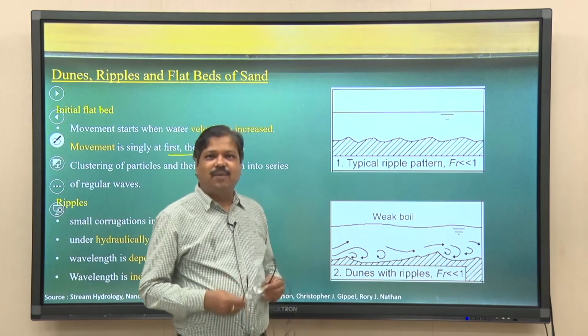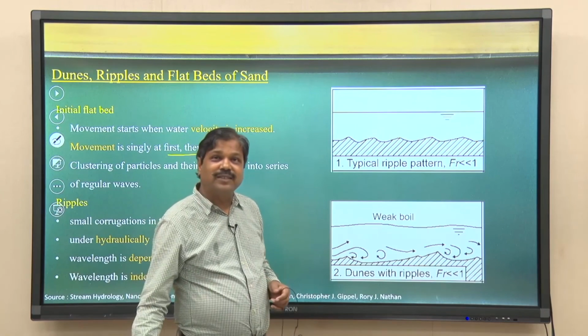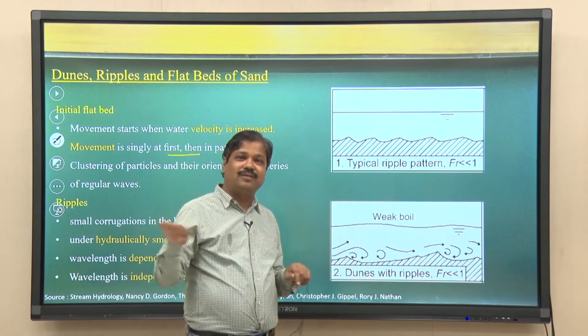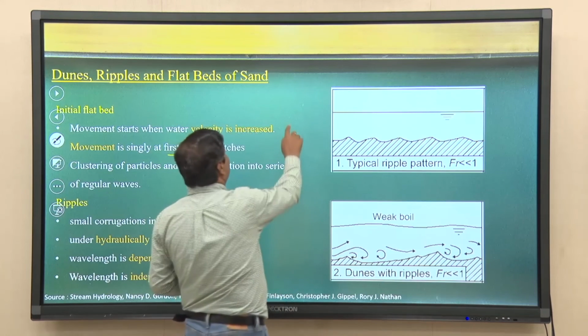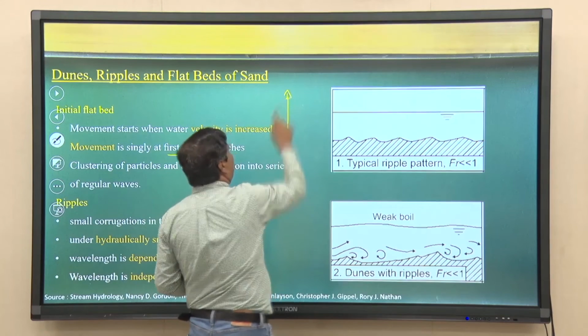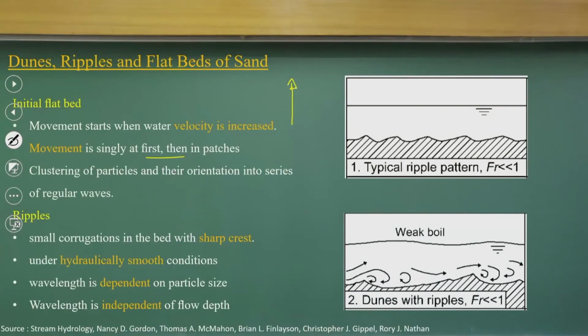Okay, let us discuss the bed forms. The river beds are not flat. As we increase the discharge or change the slope, you can have two conditions: either we change the slope of a channel, or you change the discharge of the river channel, in a flume in a laboratory.